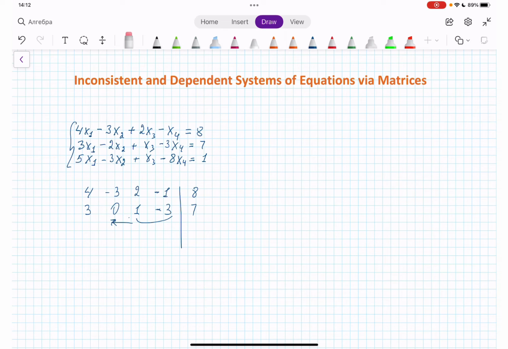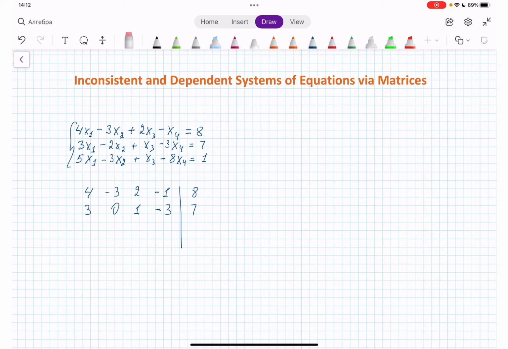Whoever is interested, you can look into the playlist on polynomials and find their long division. It's exactly the same way: if something is missing, one of these x's, then we place 0.